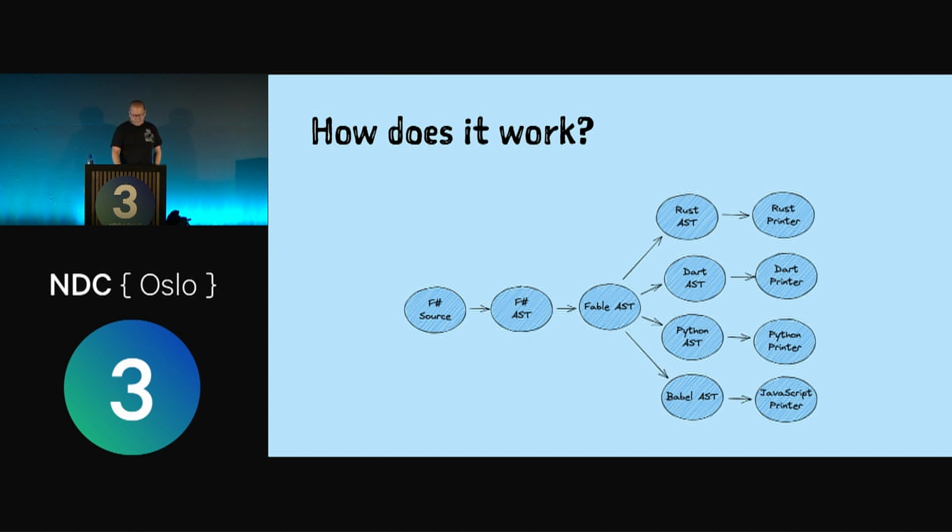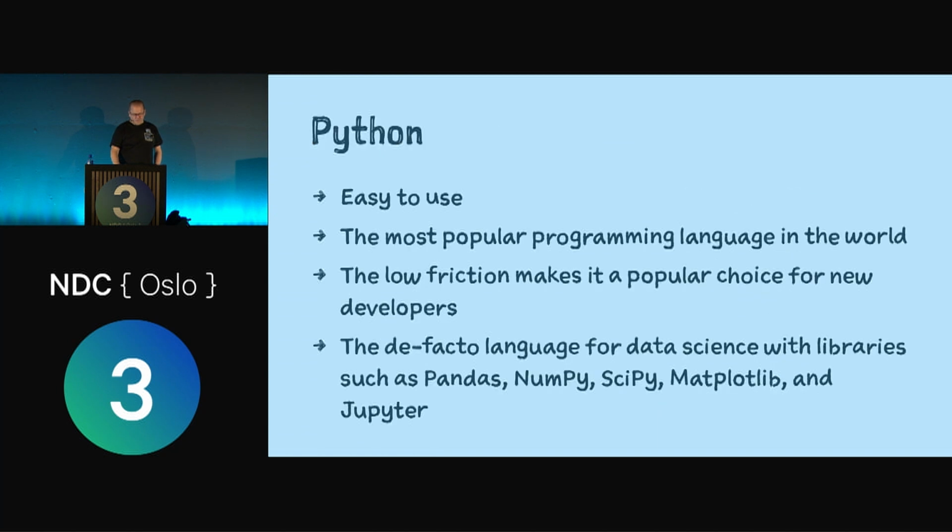This is a .NET conference, so many of you might not know about Python. So let's talk a bit about Python. For me, the takeaway of Python is that it's really easy to use, at least in the beginning.